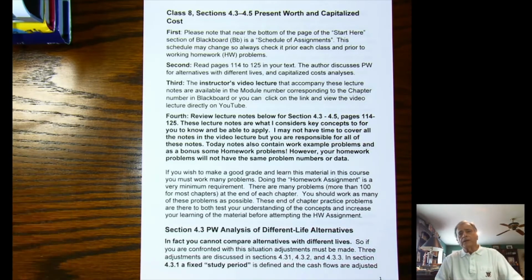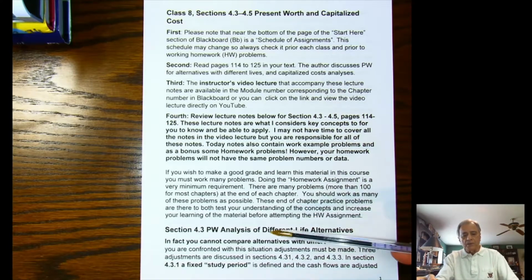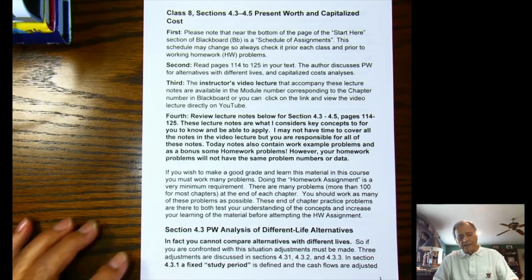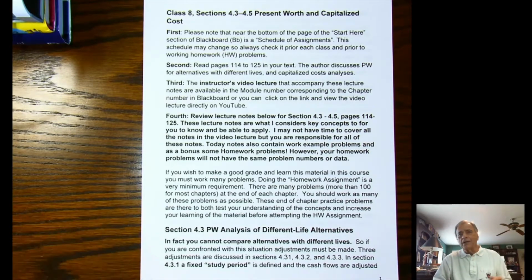Now, section 4.3 deals with present worth analysis of alternatives which have different life lengths. In fact, you cannot compare alternatives with different life lengths by present worth or any other method. You have to get some kind of a common life length.